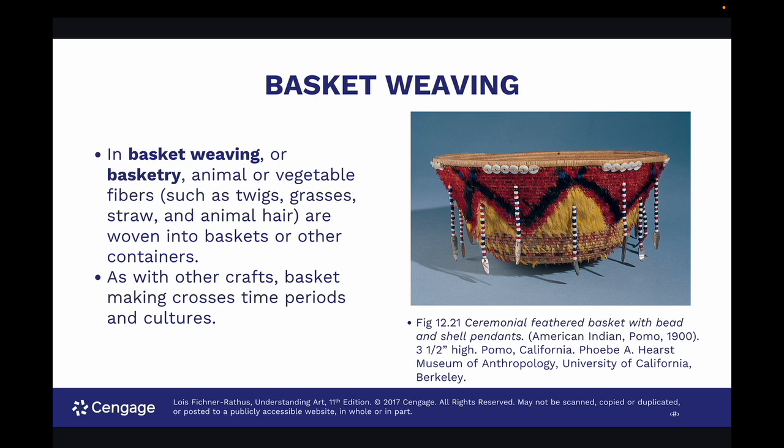This particular basket was a ceremonial piece. It was not necessarily meant to be used as an everyday object, but it was given on a special occasion, and you can see that it has intricate weaving on it, but then also other decorative items attached to it.